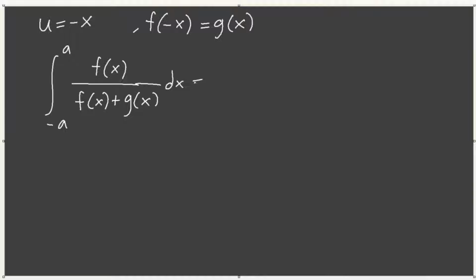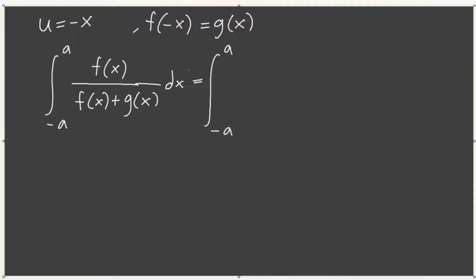And so when we do u equal negative x, of course the bounds don't change, and the reason is because if we let u equal negative x, you get a and negative a, and of course when you do du, you get negative dx, and this negative will just rewind the bounds back to normal.